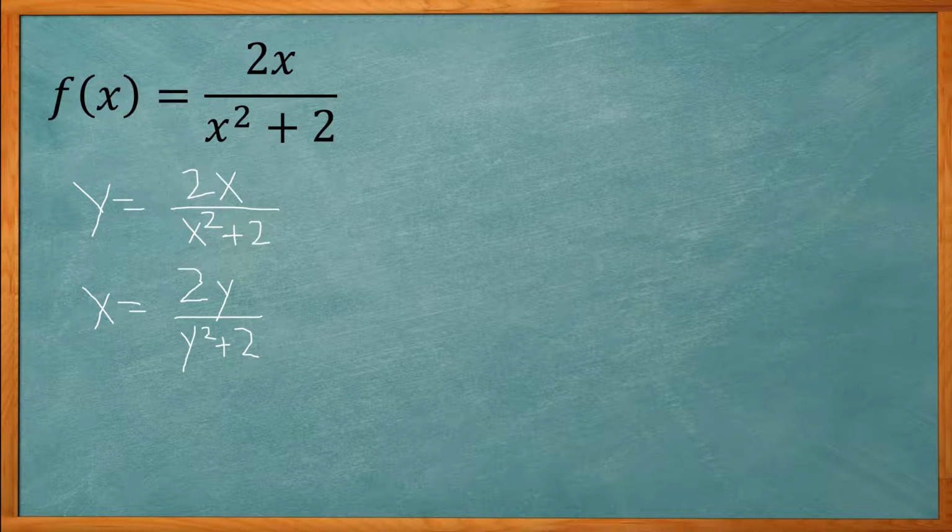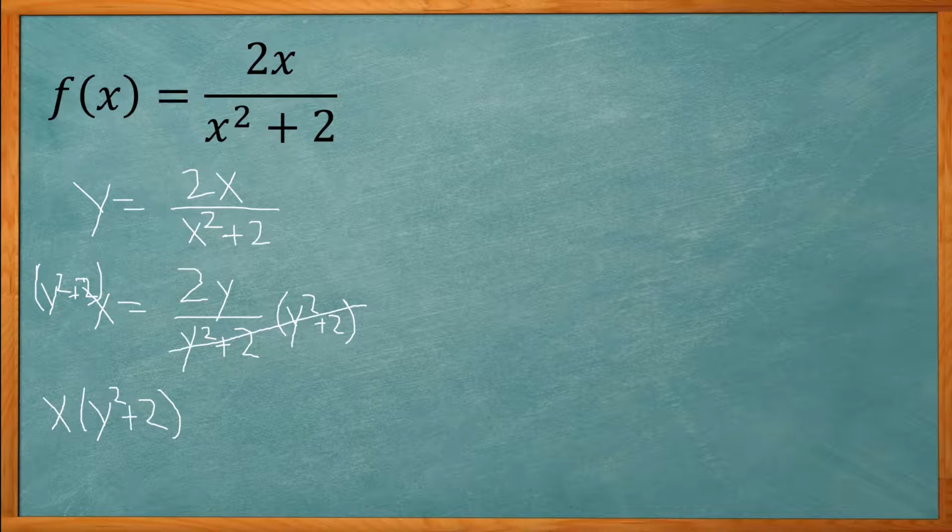And multiply both sides by y squared plus 2. And when I do that, I get x times y squared plus 2. That's going to cancel out the y squared plus 2 over here, equals 2y.